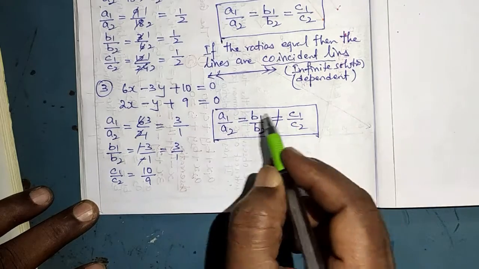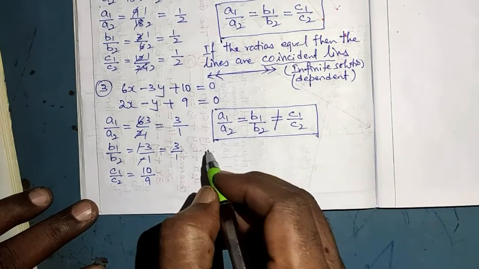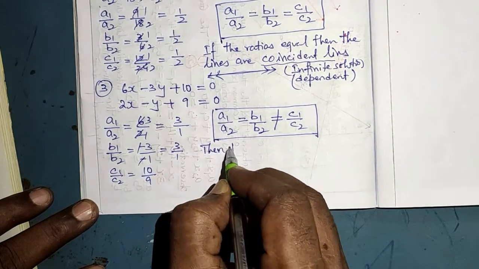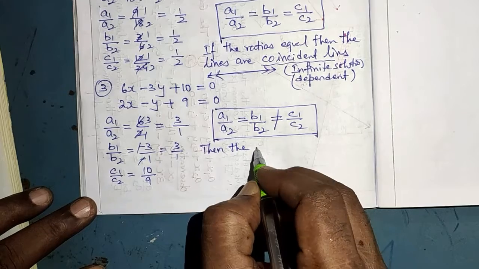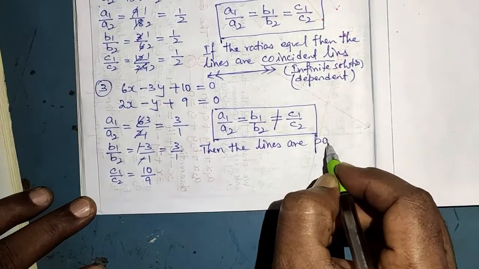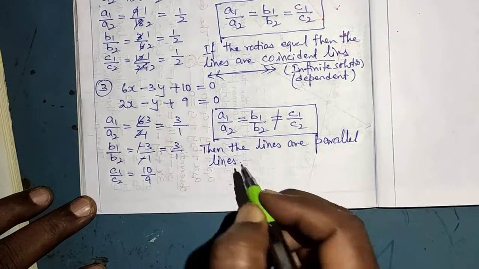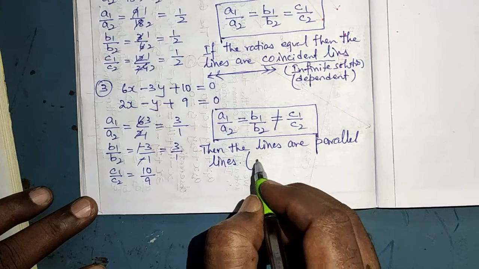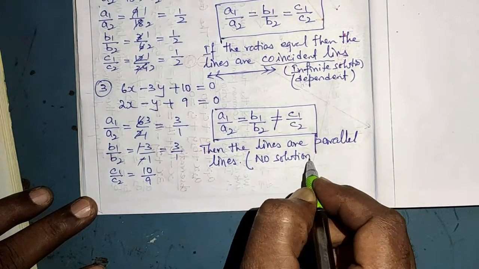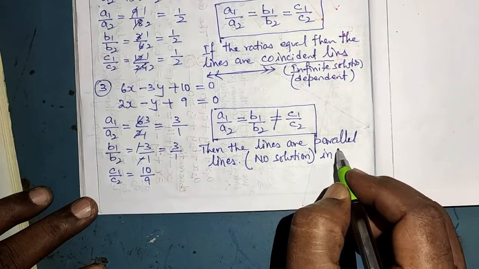When this condition is satisfied, a1 by a2 equal to b1 by b2 not equal to c1 by c2, then the lines are what lines? Parallel lines. Parallel lines mean they have how many solutions? No solution. And what can we write? They are independent. They don't depend upon one another.